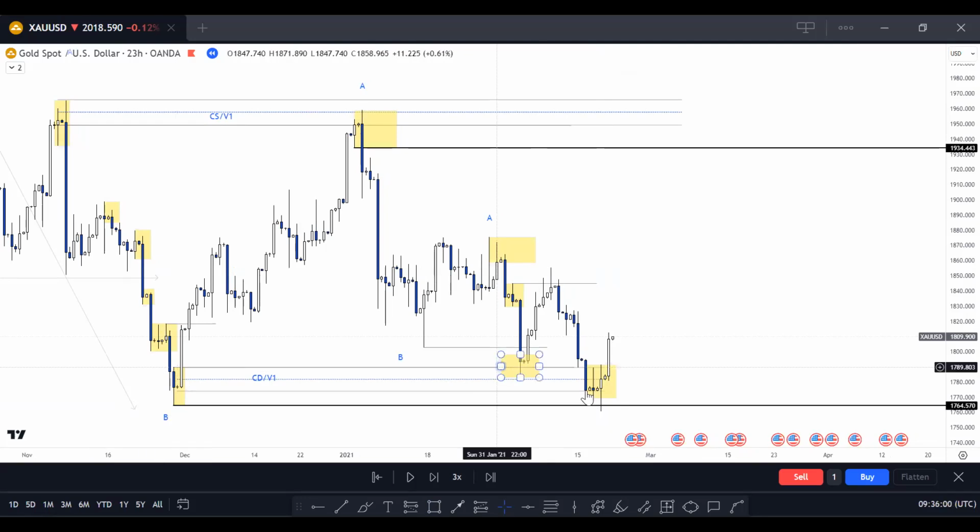Do you get that? Because then it's a question of where's V2? Remember, V2 is the last range that broke B, and there's no range yet that broke B. So B has not been formed.